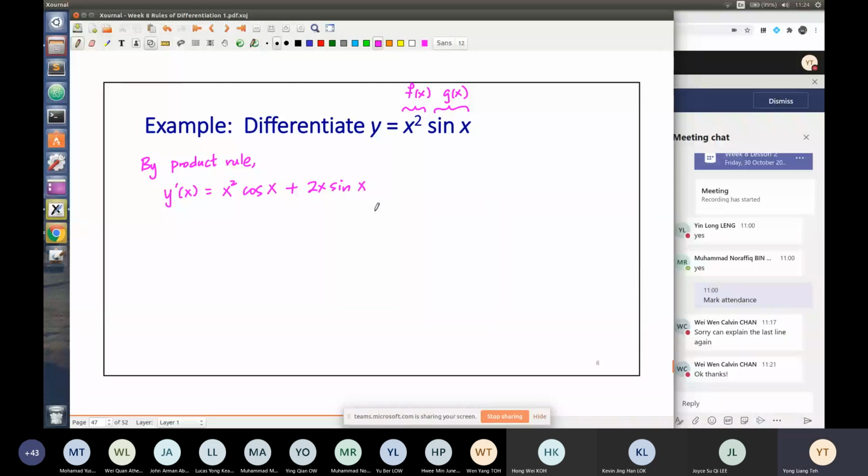Okay, so indeed, this is the product rule result, and you can simply factorize out x, and you get x cosine x plus 2 sine x. So hence you use the product rule together with the trigo differential of sine x in the process.